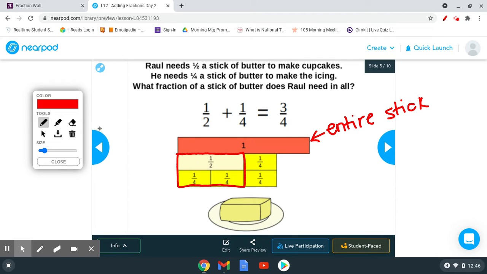So in this problem, what we did was we just rewrote the half using different size pieces.